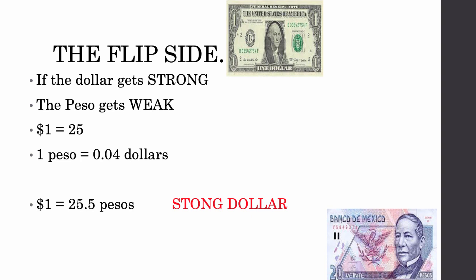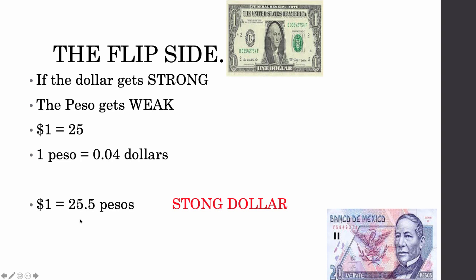If we take the 25.5 pesos and make that 1, that means we're going to divide each side of our equation by 25.5. That would make the peso side 1, and it will tell us how many dollars the peso can buy.